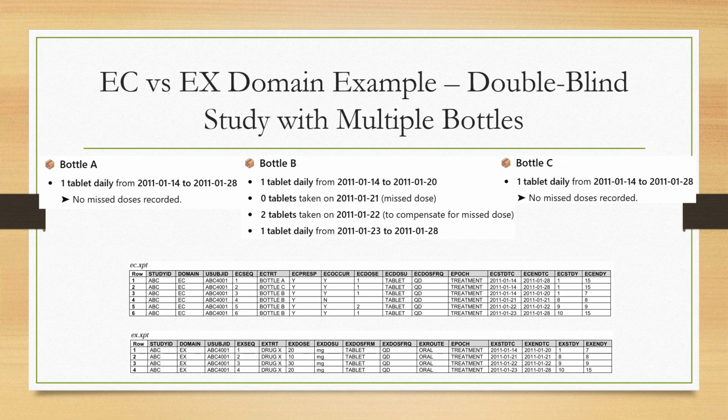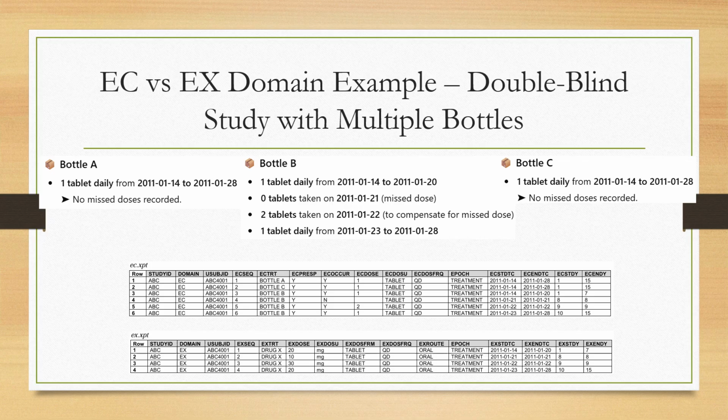So if you get the total, since the subject had to take one tablet from each bottle daily, 10 mg from bottle A, 10 mg from bottle B, and 0 mg because bottle C was placebo, in total, the subject was given 20 mg of the study drug daily. So that was the randomization which has happened for this subject. As we know that now the study drug is drug X, we have that information in our EXTRT.